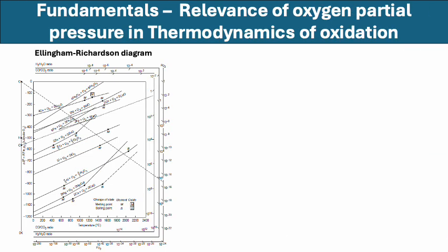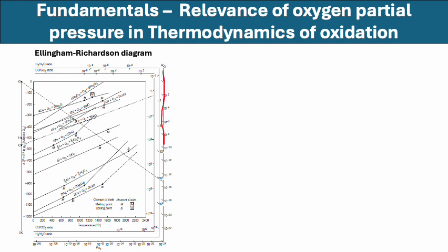So I want to spend some more time on the Ellingham diagram, discussing the 3 auxiliary axes that are present in the diagram apart from the temperature and the free energy axes. So what are those axes? You can see on the rightmost corner we have an axis. Let me mark this axis. This is the PO2 axis, which is the oxygen partial pressure axis.